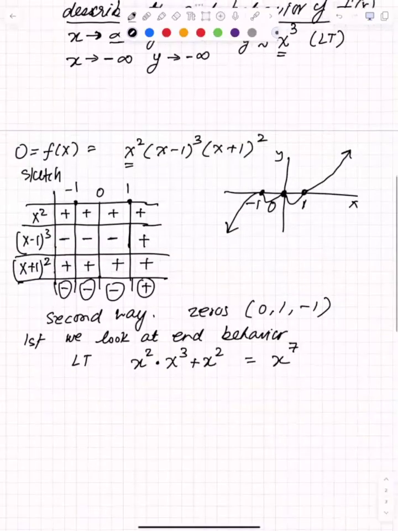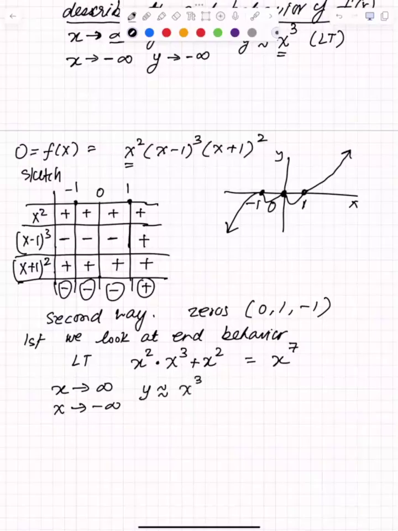Let's describe the end behavior as x goes to infinity and x goes to negative infinity. Y will approximate or start to look like the leading term. So if x is going to infinity, y is headed to infinity because a positive number to the seventh is positive.